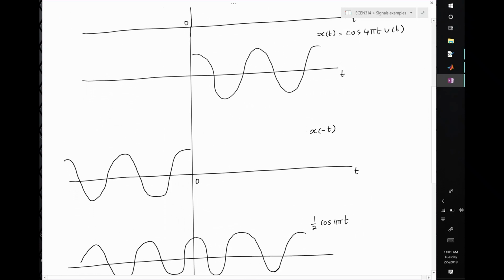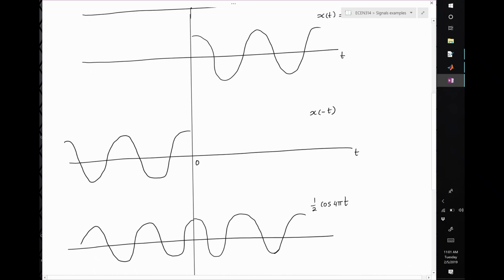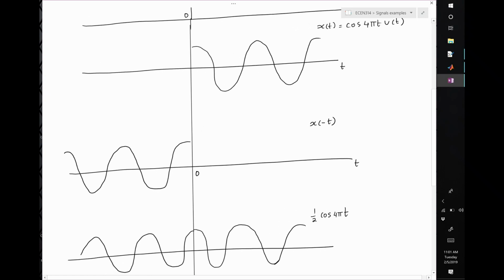So let's try to sketch x of negative t. We have x of t, we have x of negative t, and then we can find the even part of x of t from these two signals. How does x of negative t look? Well, you can get x of negative t from x of t by taking x of t and flipping it about the y-axis. That's what x of negative t is.